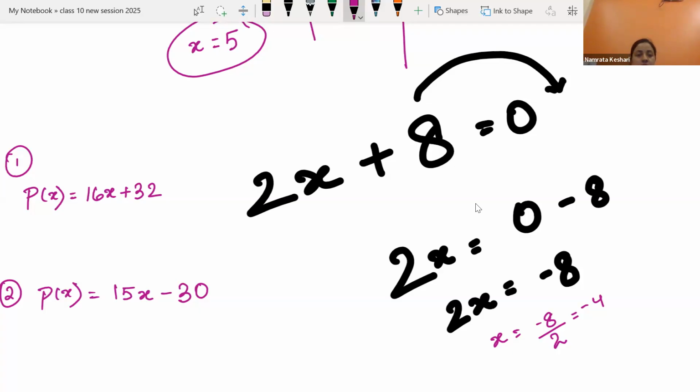Got it, ma'am. Yeah, what is the zero of the first one, Salwa? Minus 2. Perfect. And what is the zero for the second one? I didn't do that. Wait.